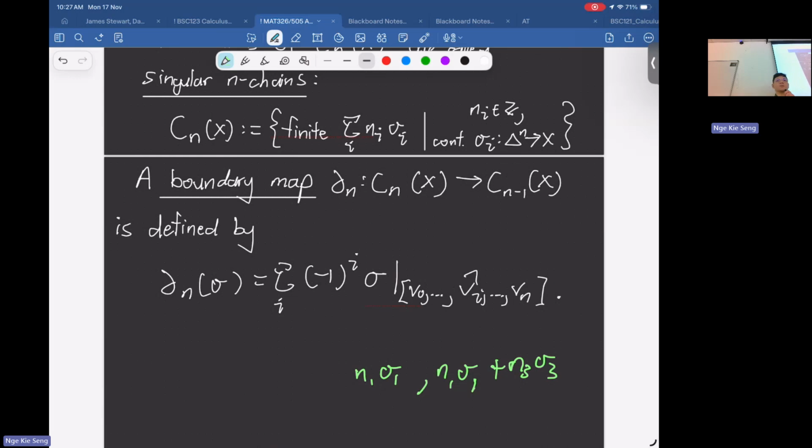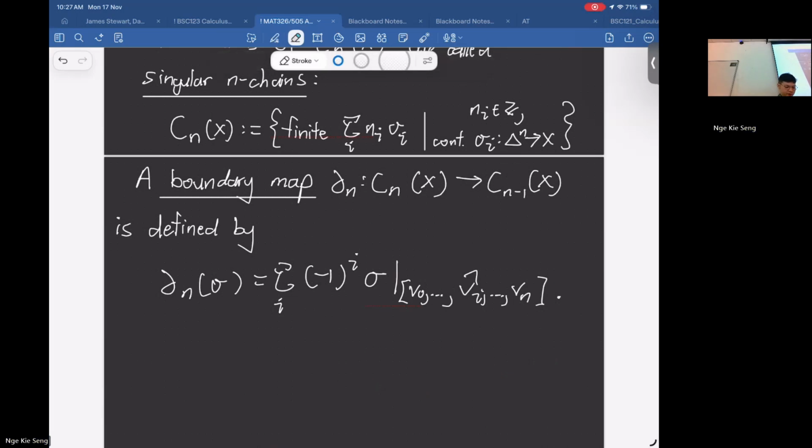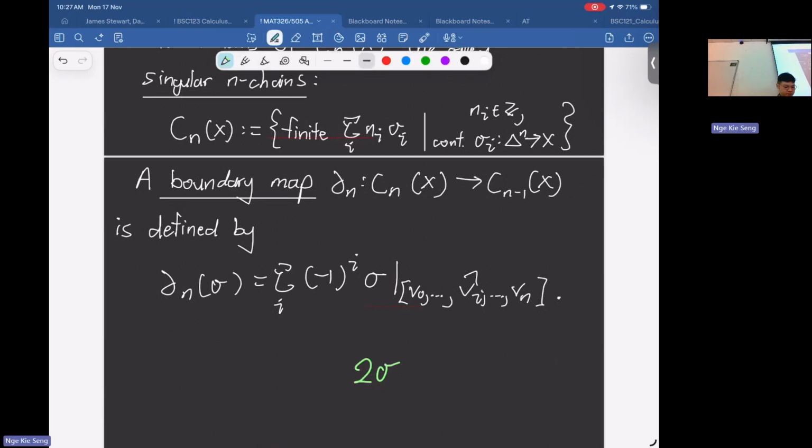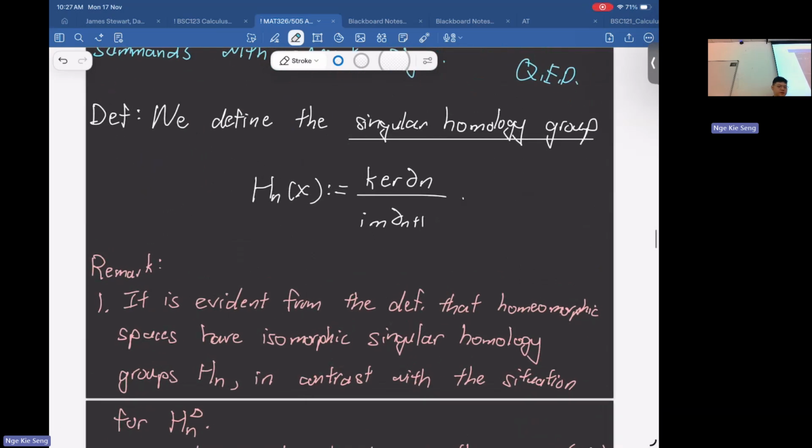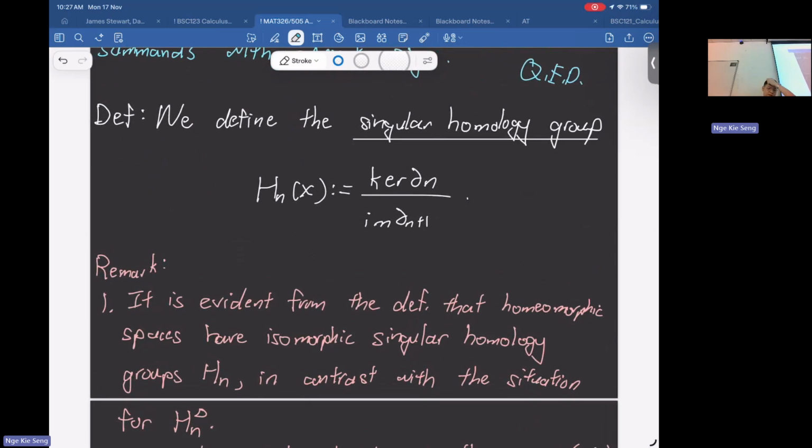All possibilities. Maybe 2 sigma 1, 3 sigma 1 also in there, as long as it's finite. This is called a finite sum. So this forms a differential, then we can form a singular homology here.